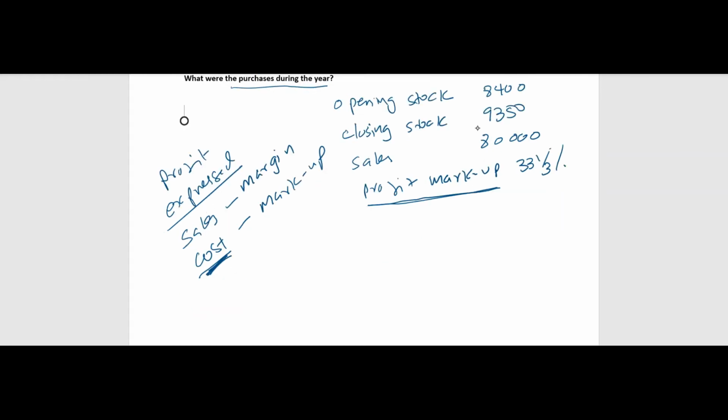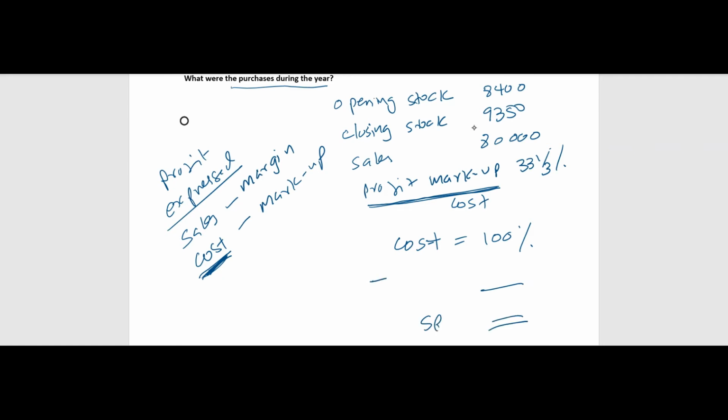As I explained in that video, if the profit is expressed as a percentage of markup or the cost, you have to assume the cost as 100%. If you assume the cost as 100%, it's very easy to identify your selling price.